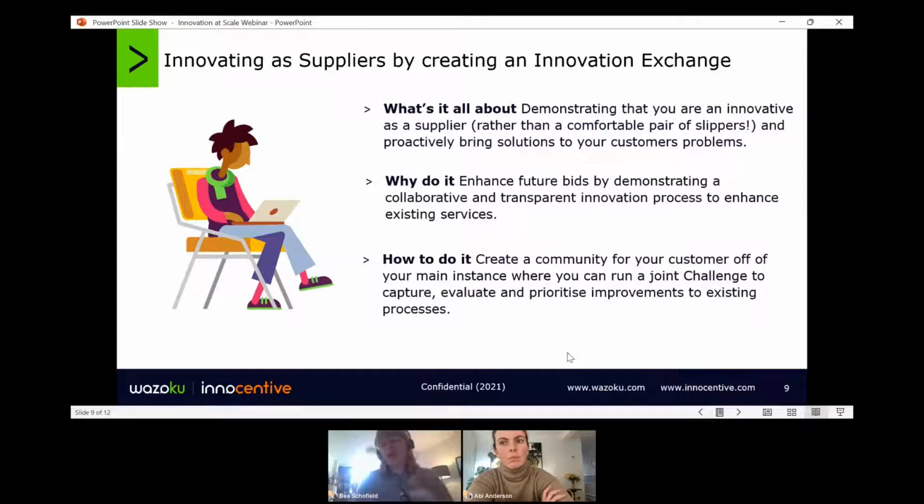This is typically more in the B2B space rather than B2C, who tend to have wider customer communities, sitting off the main instance of their platform, so they can either run a joint challenge with that customer, but also allow the customer to play a role in capturing, evaluating, and prioritizing improvements to existing processes.